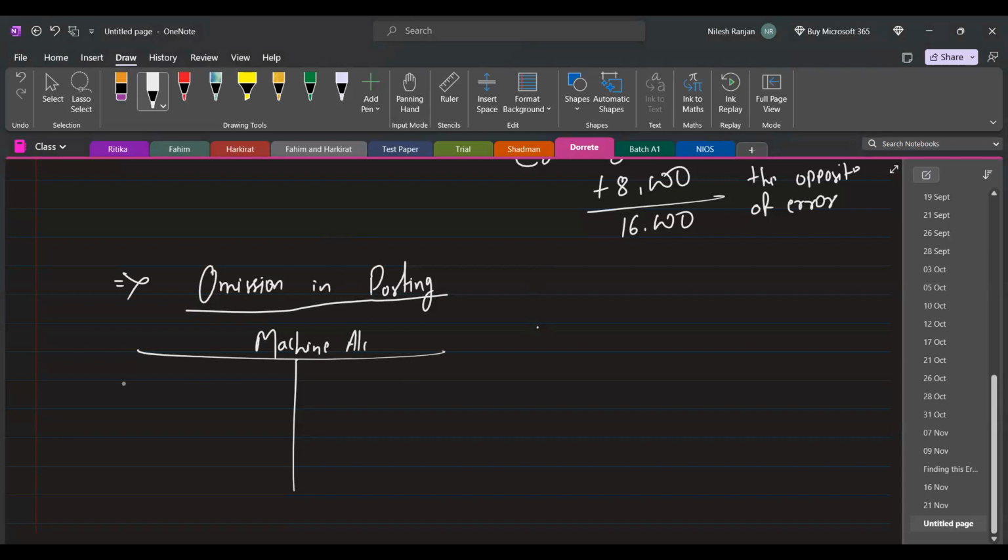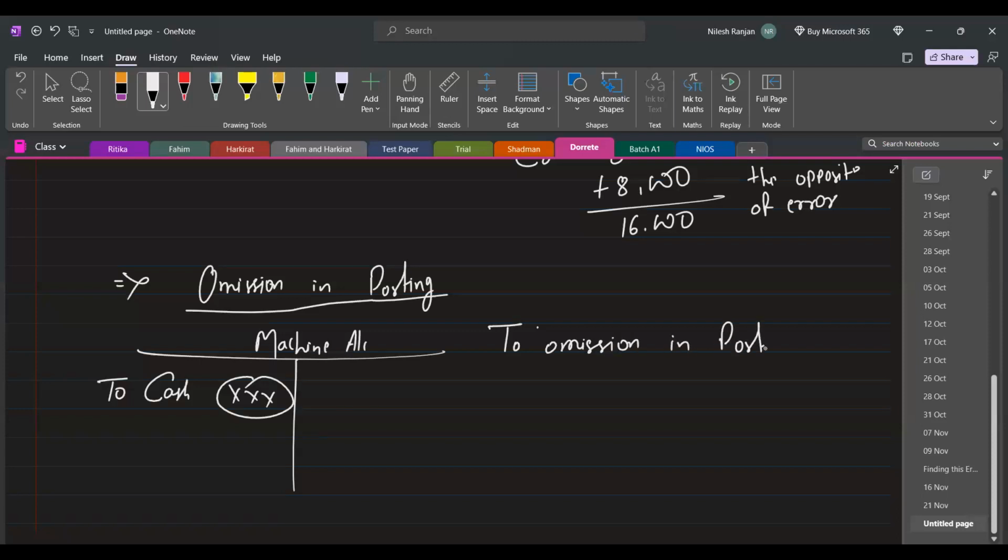Debit. Yes, it should be written on the debit side. So if we purchase anything like a machine, we should have written it on the debit side, but it is omitted in posting. So what we have to do, we will write to omission in posting.